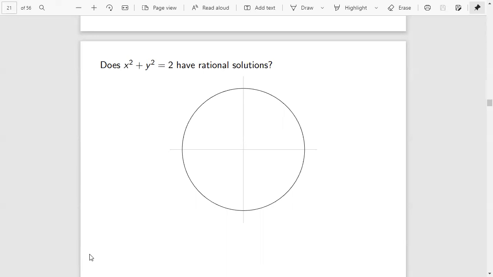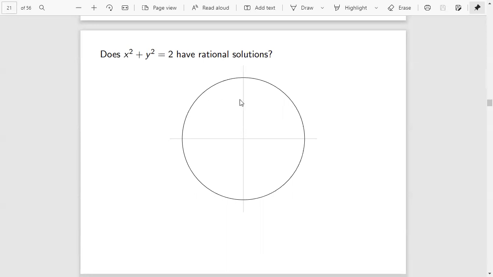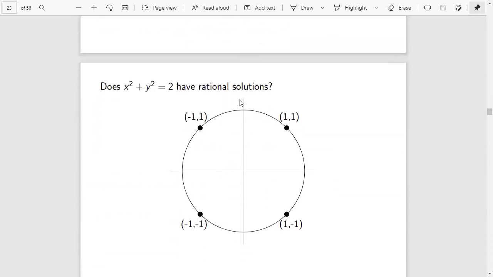1, 1. Okay. So of course, the point where it crosses the axis, this is now minus root 2 and 0. So this isn't rational, but there's a rational point at 1, 1. And indeed 4 of them with all the negatives as well. And we can do the same thing.